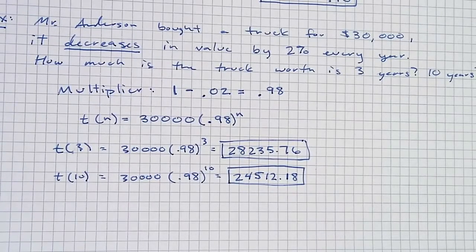After 10 years, it's worth $24,512.18. That kind of scenario is where we're multiplying by the same number each time. That's why it's geometric.